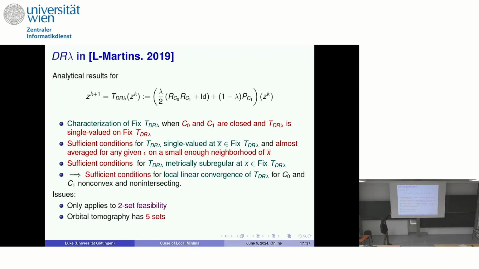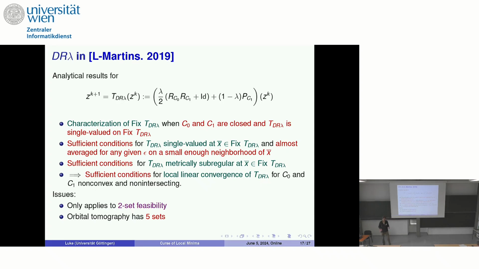And the analytical results, Mark was hoping that I would say more about this. I didn't plan to say anything about the analysis of this, but yes, we've given sufficient conditions. A key for this is that this mapping in general is multi-valued, but we have to have that it's single-valued at its fixed points.